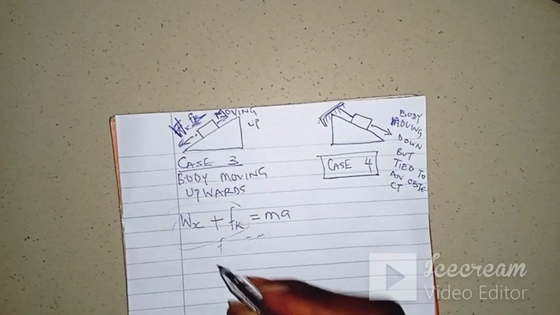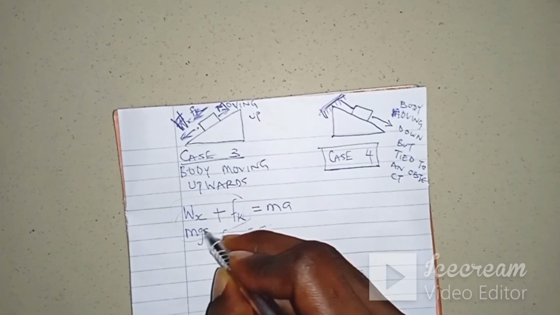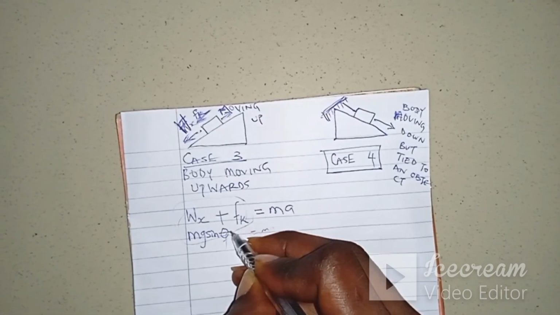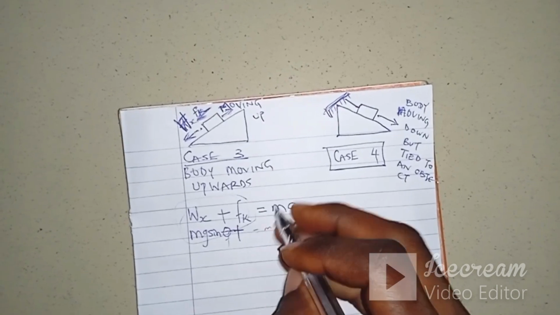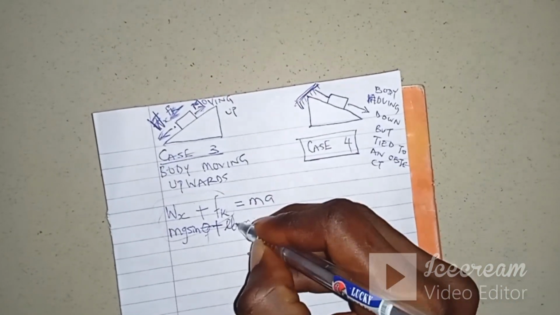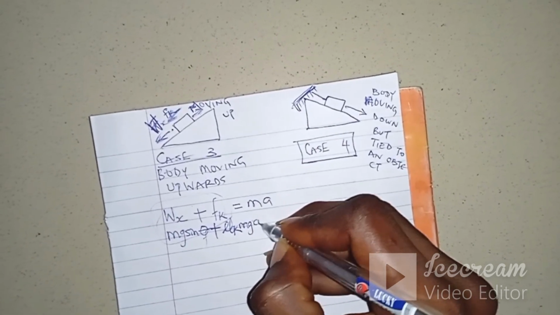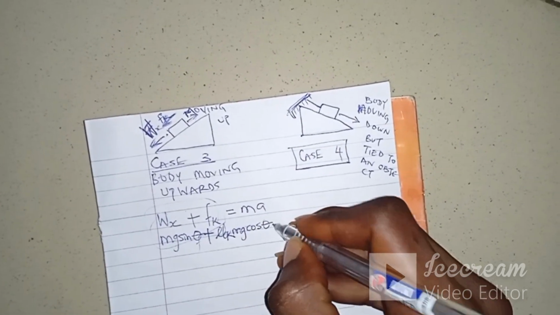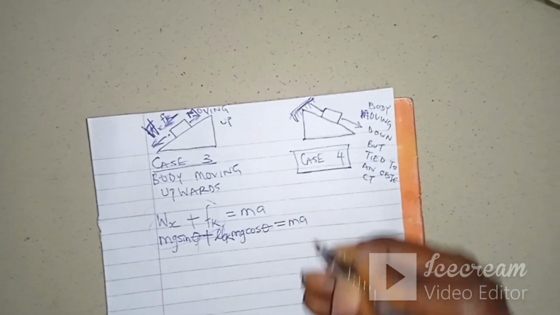So for that reason, Wx is mg sin theta plus Fk, the coefficient of kinetic friction times mg cos theta, equals ma.